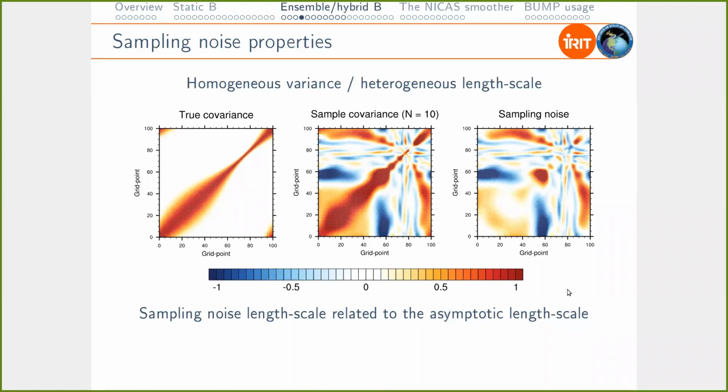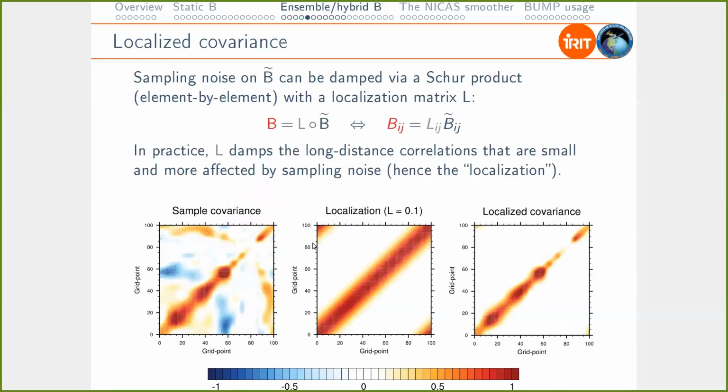That's very important because when we want to filter the sampling noise, it's important to know what its structures are. The common technique to filter the sampling noise on a covariance matrix is to do localization.